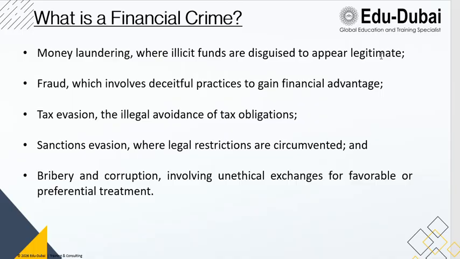The last one is bribery and corruption. Suppose we are constructing a house, and we need a permit from a particular government department. We ask the government officer to kindly give us the paper so that we can start our construction.